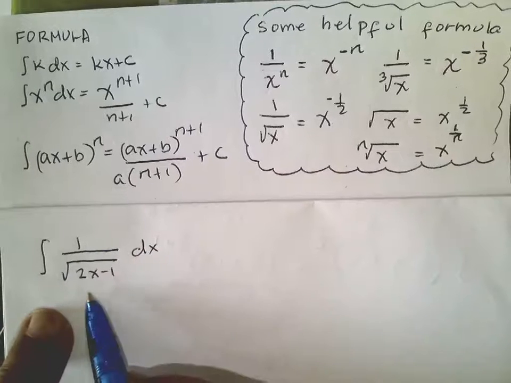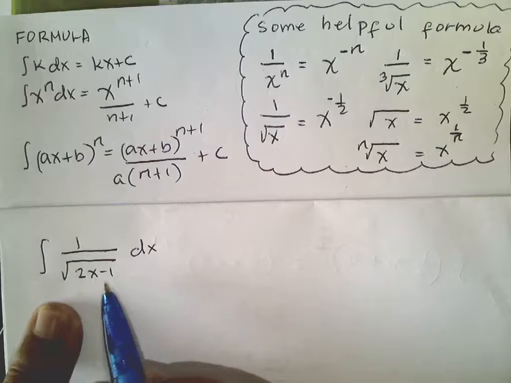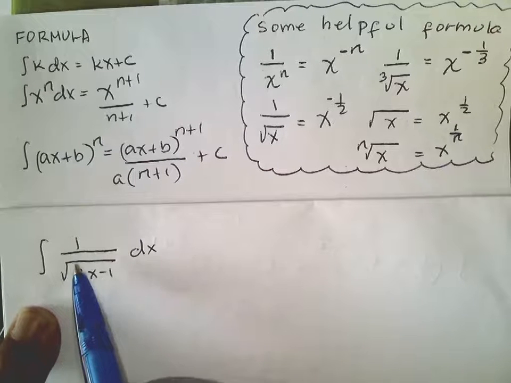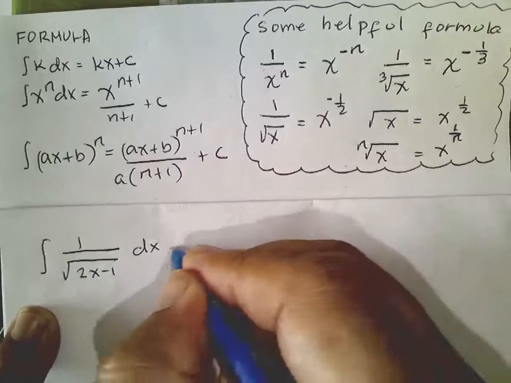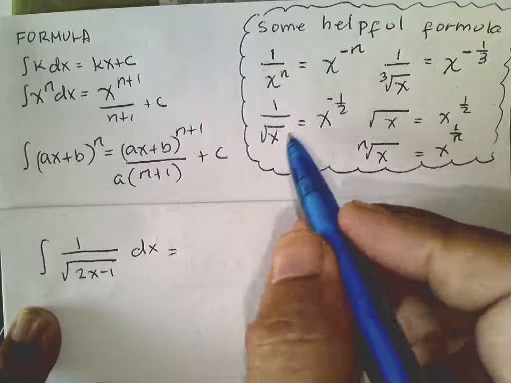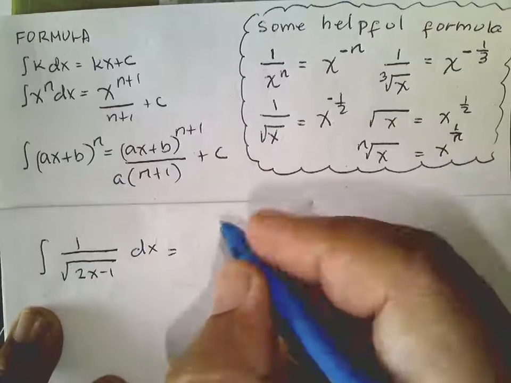As you can see, this problem seems complicated, but actually it isn't. If you see a radical at the bottom of the fraction, all you need to do is use this formula. Rewrite it in this form, so you would be able to use formula number 3.